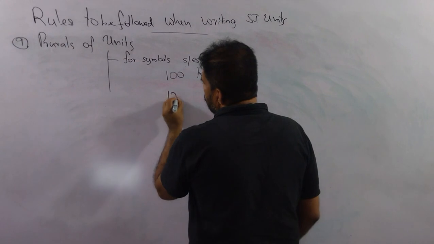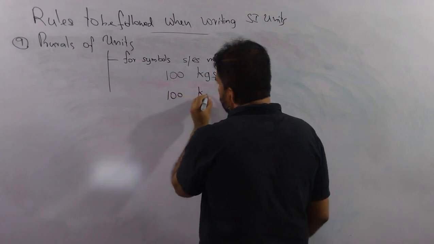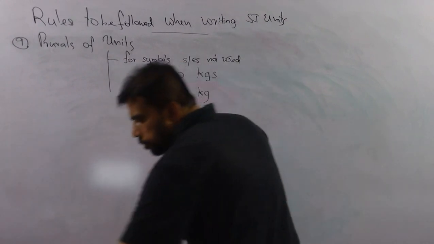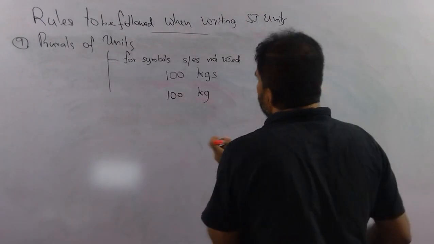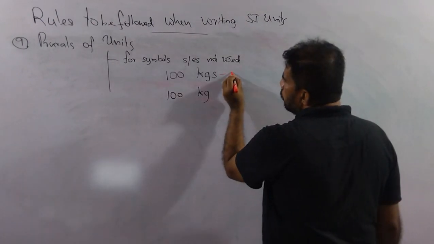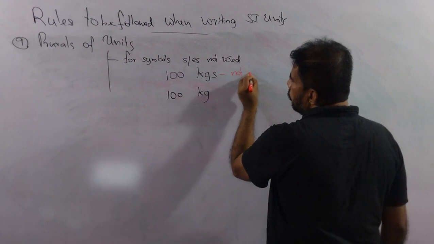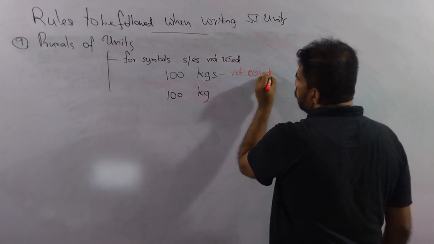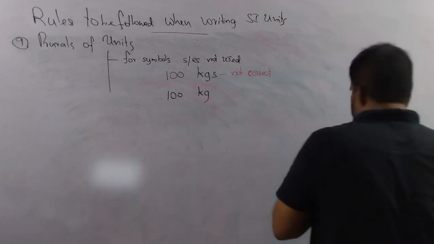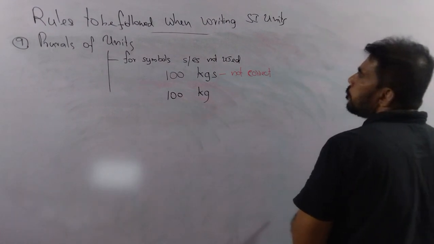You can only write 100 kg. So 100 kgs is not correct, and 100 kg is correct.